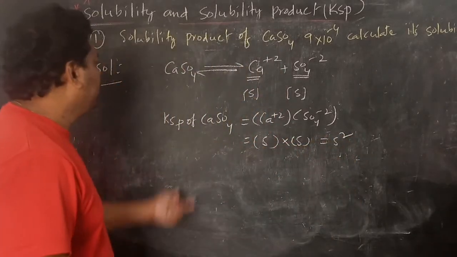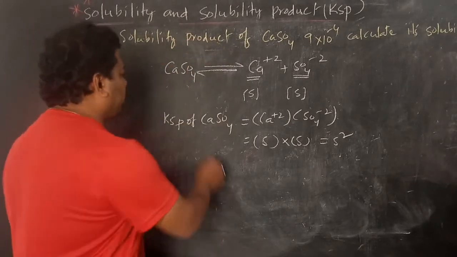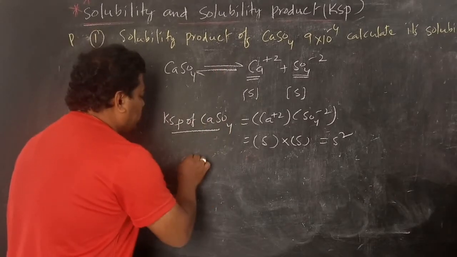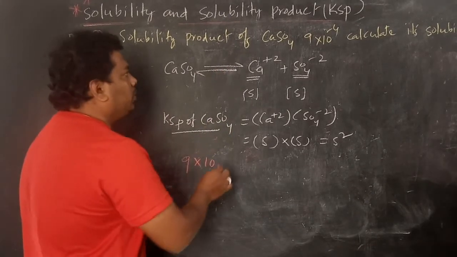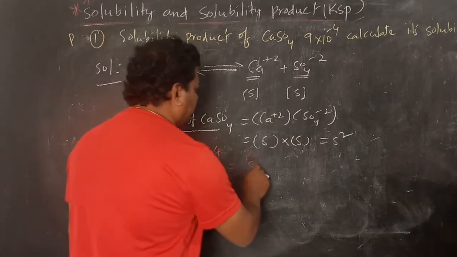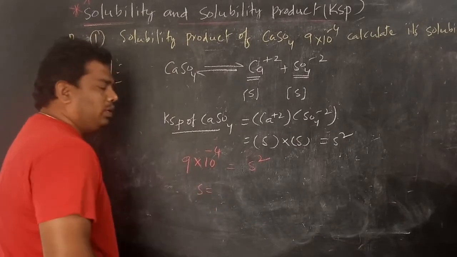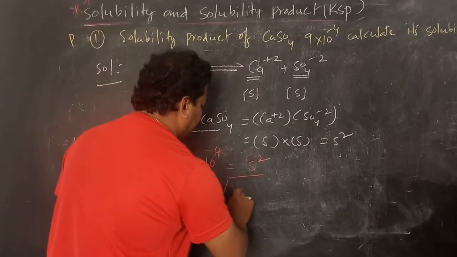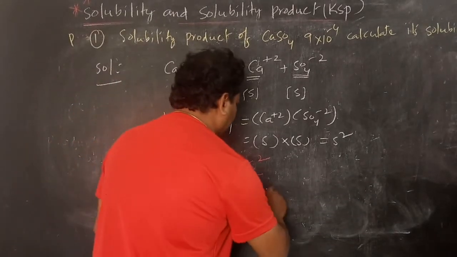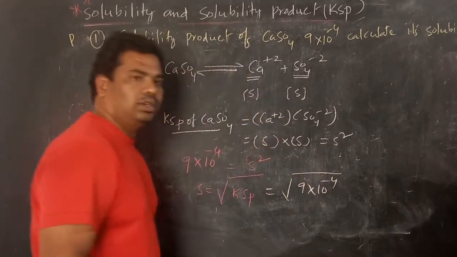What he has given in the question is the solubility product of CaSO4, 9 into 10 to the power of minus 4, which is equal to S square. Therefore S is equal to under root of Ksp, which is under root of 9 into 10 to the power of minus 4.